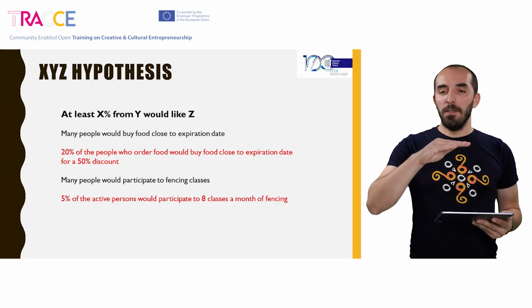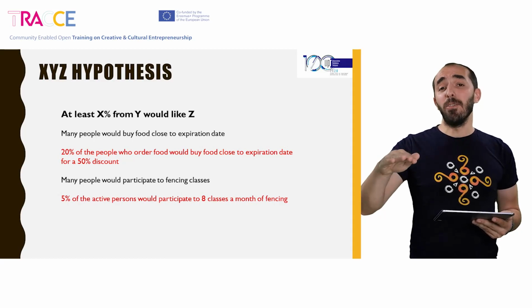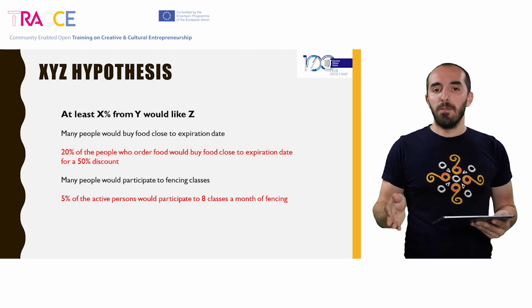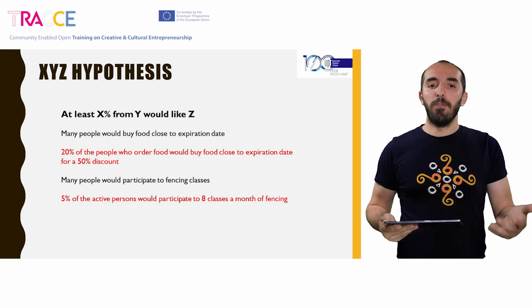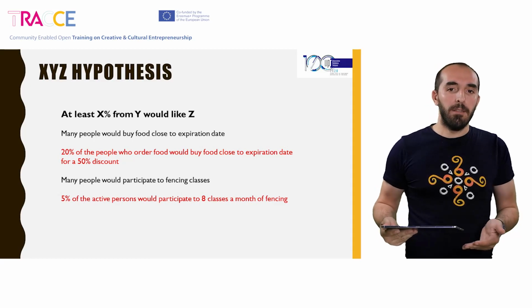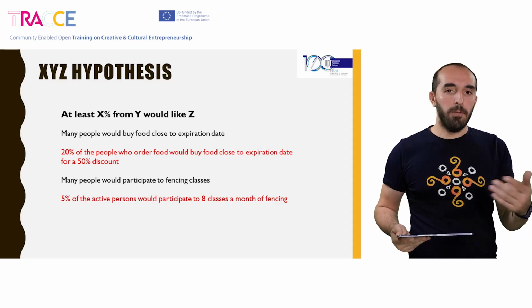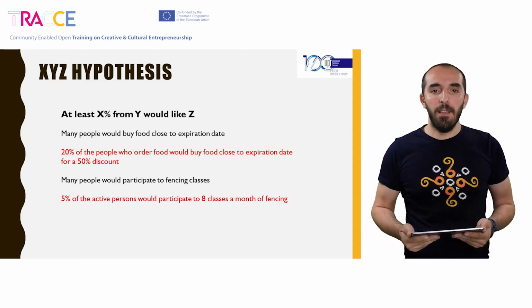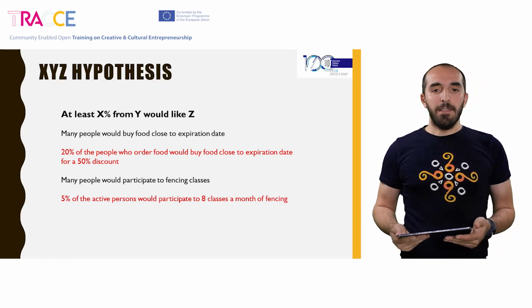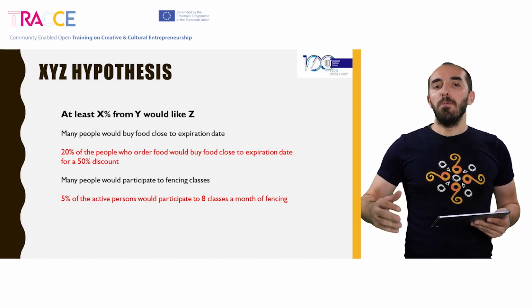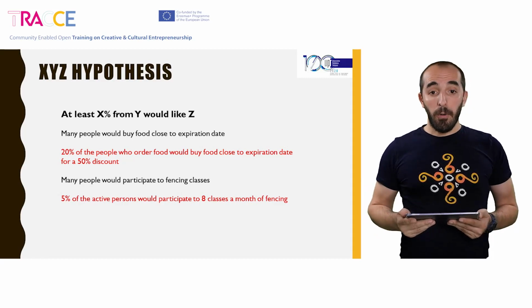So a good threshold for me would be 5% in order to see if people actually want to try fencing classes. Otherwise, we try gymnastics, we try football, other things, because if people aren't interested in fencing classes, we cannot start fencing classes. So you see, these figures are relative to the actual problem you have.